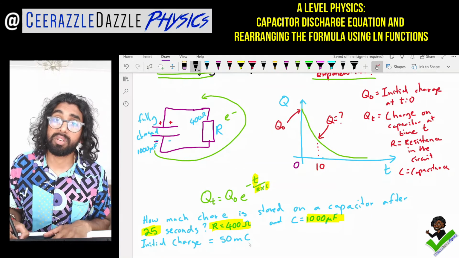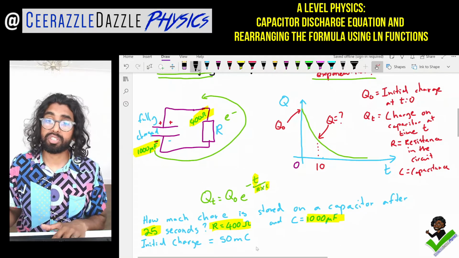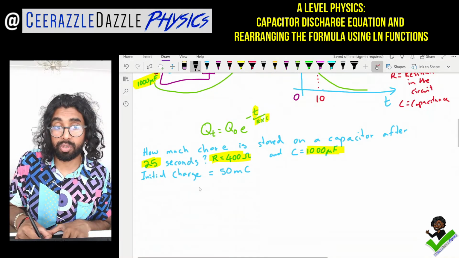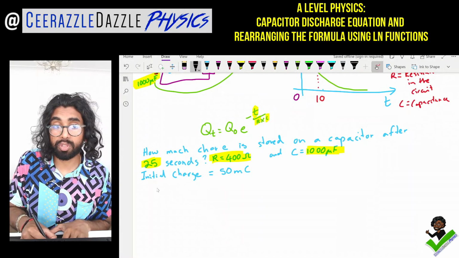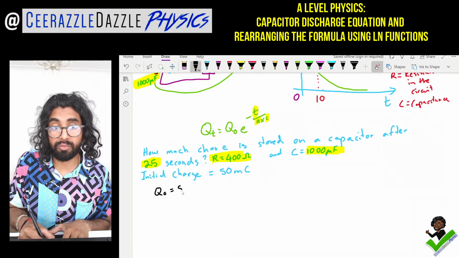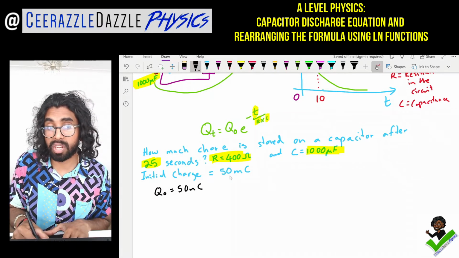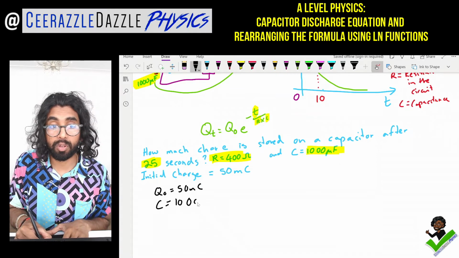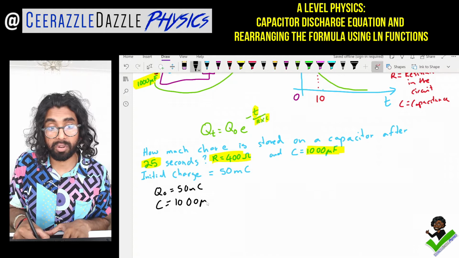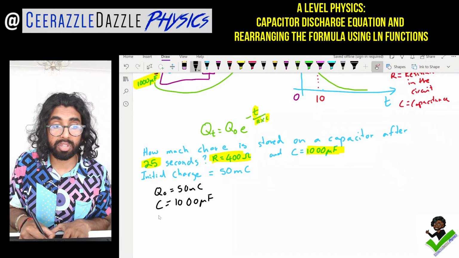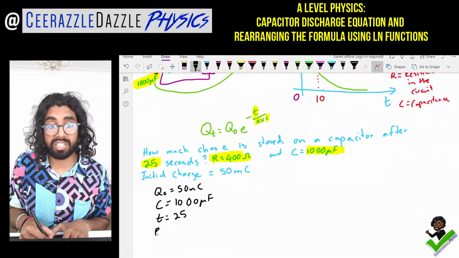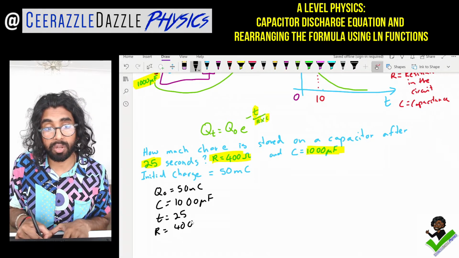What it's really asking is that we're trying to find the charge Qt. We already have Q0, which is equal to 50 millicoulombs, the initial charge. We also have the capacitance value of 1000 microfarads, the time of 25 seconds, and the resistance value of 400 ohms.